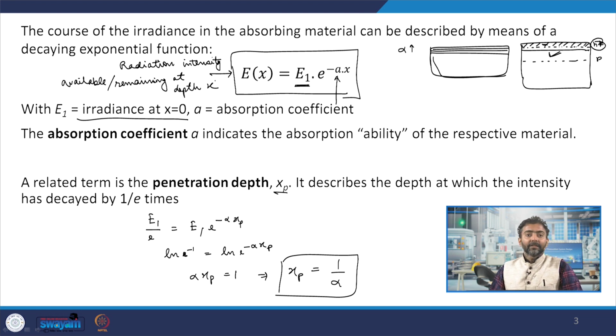So, this is the radiation intensity which is still available or remaining at depth x.